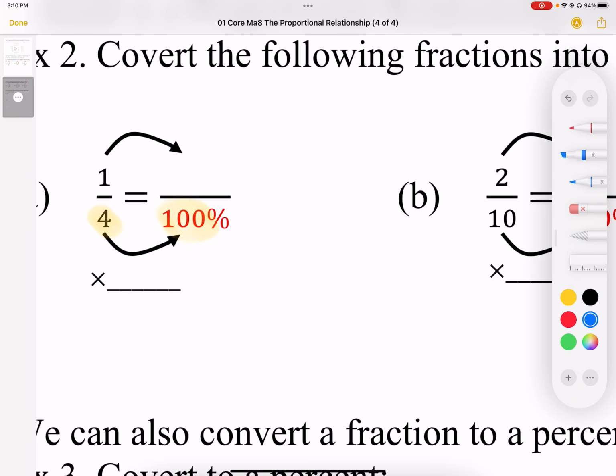Dividing those two numbers, I get 100 divided by 4, which is equal to 25. So that's my multiplier. I need that same multiplier, times 25, on top. So I end up with 25%. So 1 over 4 as a percentage is 25%.